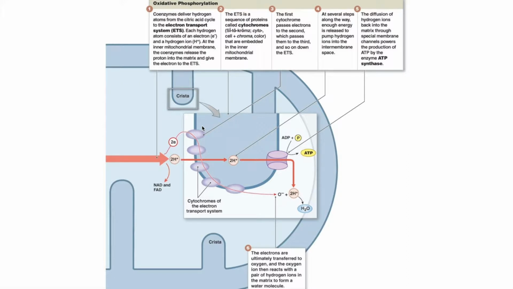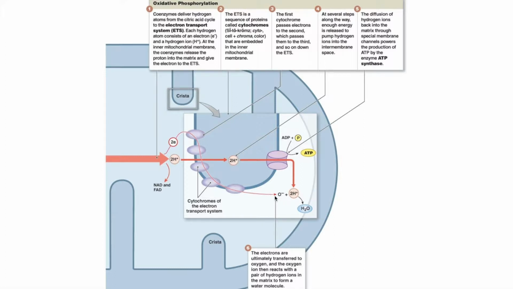And here's a look at the electron transport chain. And as the electrons move down these proteins, they lose a little bit of energy at each step. And that energy is used to pump hydrogen ions through this membrane. And then we get a big buildup of hydrogen ions inside this.